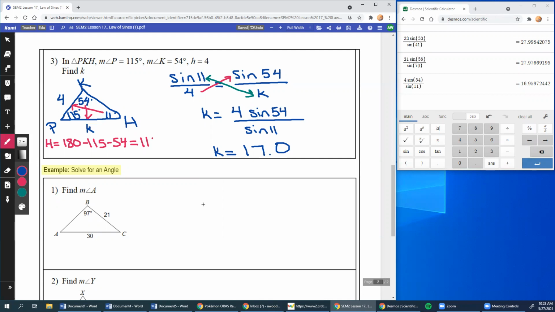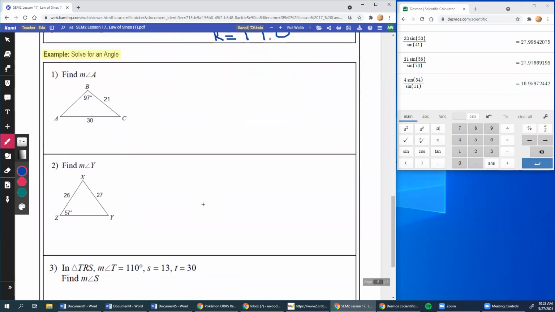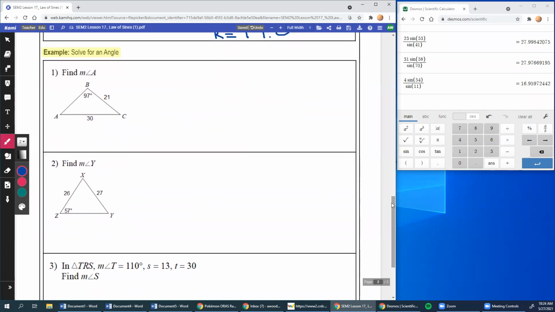We are now going to move to solve for an angle. Remember, when we solve for an angle with trig, we are going to use the inverse sine function, and that will tell us our angle.